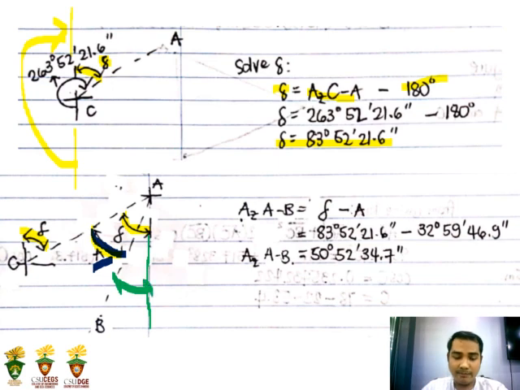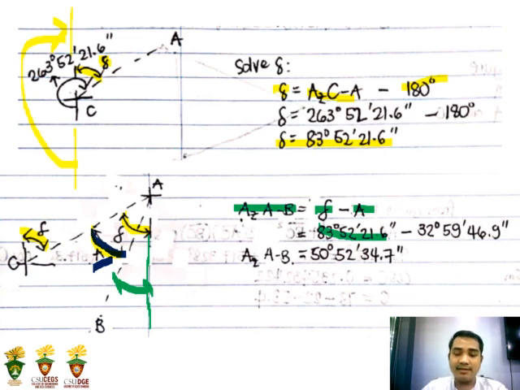So therefore, from the given illustration above, we can say nga ang azimuth A padulong kang B is just the sigma minus the horizontal angle A. So substituting the value, sigma is 83 degrees, 52 minutes, and 21.6 seconds, minus A nga atong nakuha kaganina, from the previous slides.